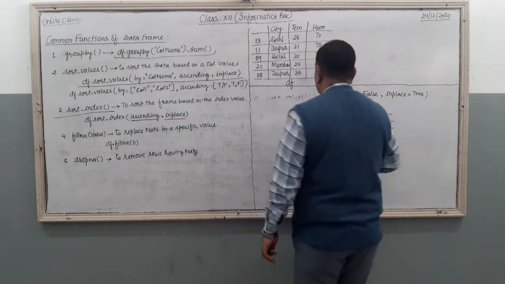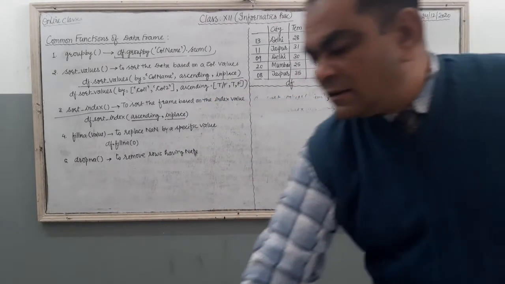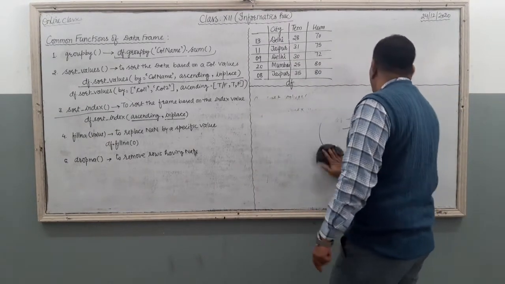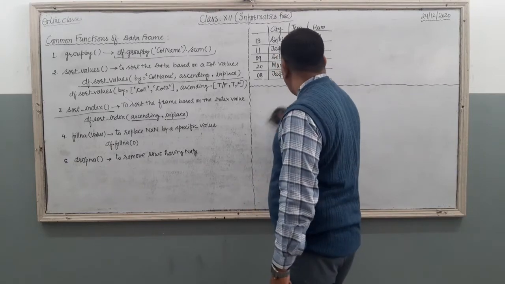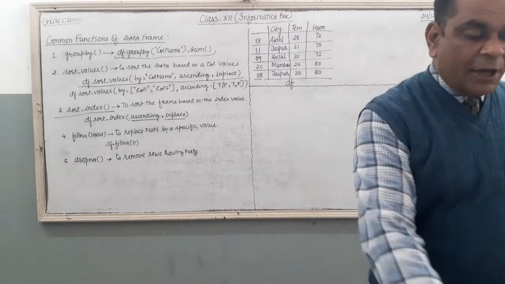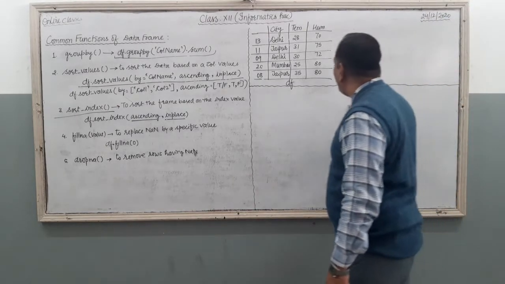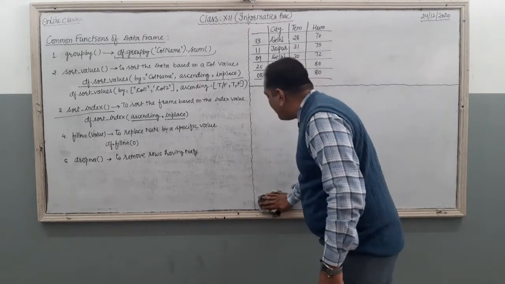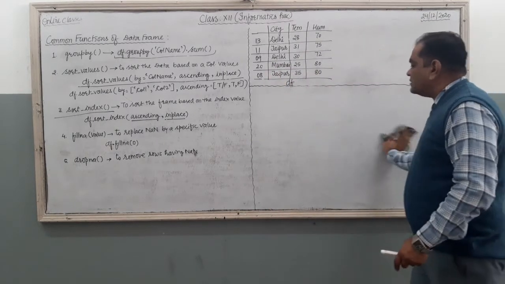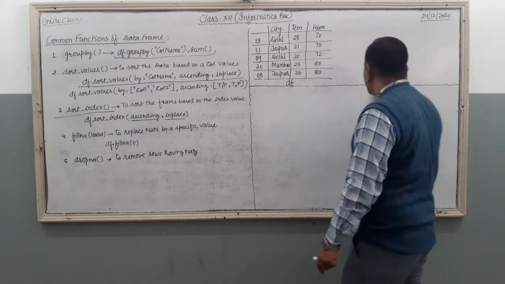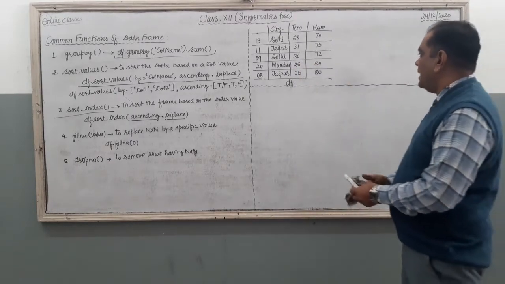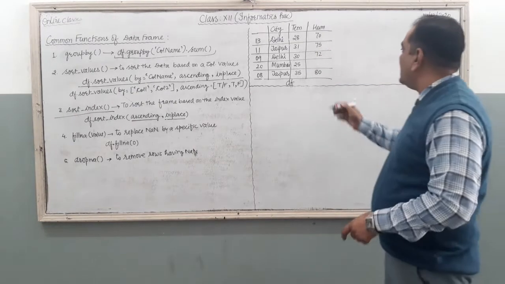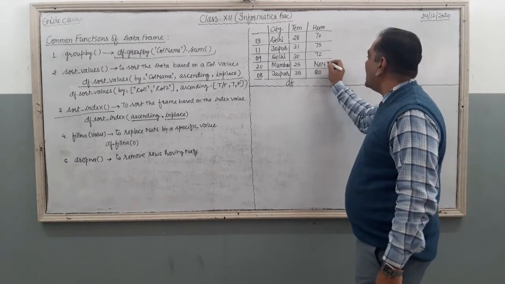Now two more functions are there. The next function is fillna. Fillna means what? F-I-L-L, fill means you are going to instruct your computer to fill something in your data frame. NA is the abbreviation of NaN. NaN means not a number, right? So suppose in this data frame the humidity of Mumbai is not available, so by default the computer puts the NaN symbol over here.